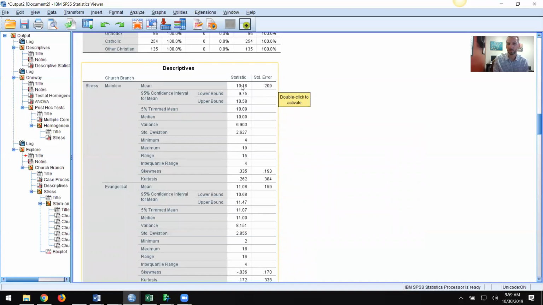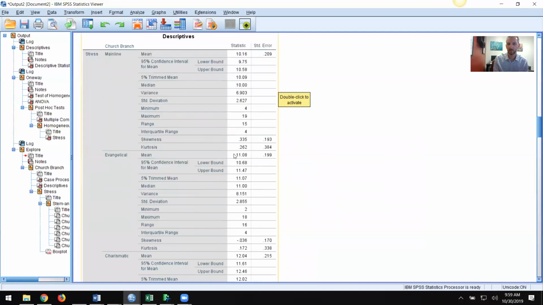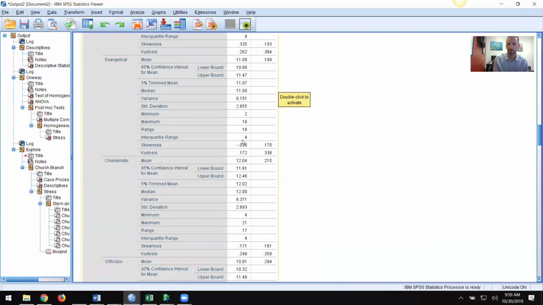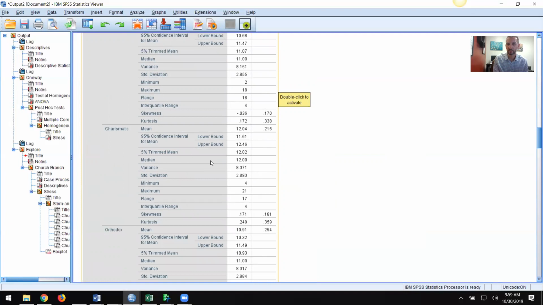You're going to report this value, the mean and standard deviation, and that's for mainline, and then you're going to do the same for all the other groups, the mean and standard deviation for evangelical, mean and standard deviation for charismatic, and so on.